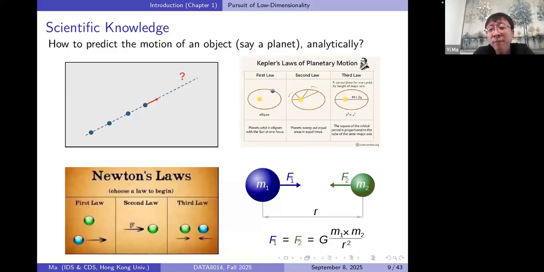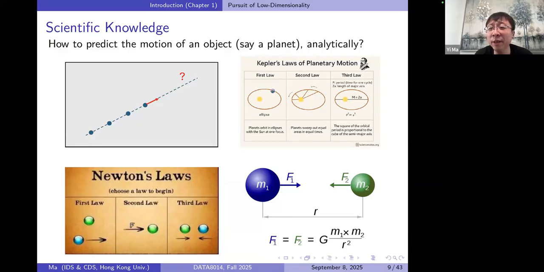For example, gravity, the attraction of two masses, has equal forces given by the famous gravity formula he formulated. And it turns out, if you start with Newton's law, you can actually derive Kepler's laws, at least among two bodies.